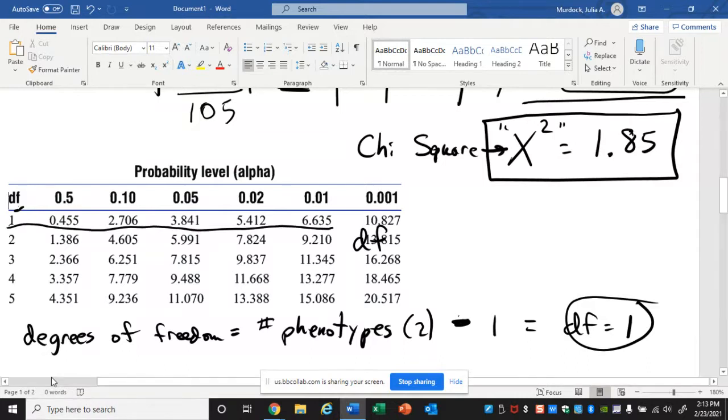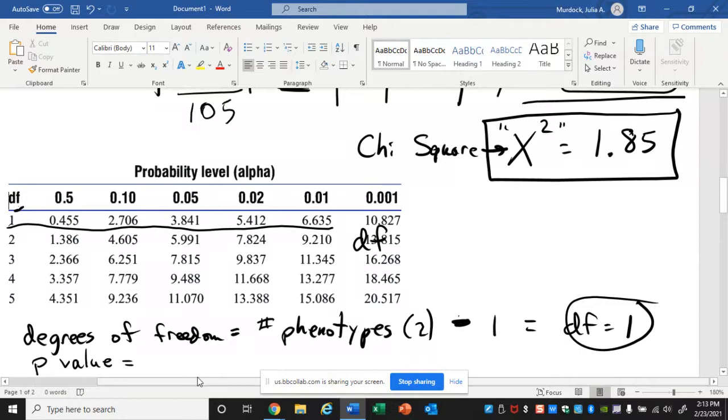The next thing we need is a p-value. I'm going to try to explain this well to you. I'm not a statistics teacher. I'll do the best I can. The p-value is answering the question, how much confidence do we want to have in our comparison? So how certain do we want to be that either Mendel's law was followed or not followed?